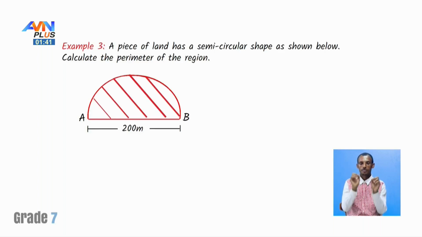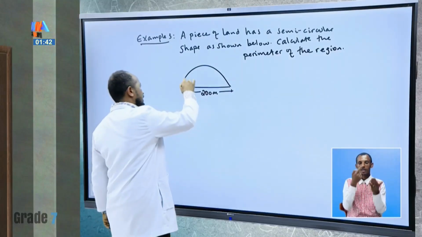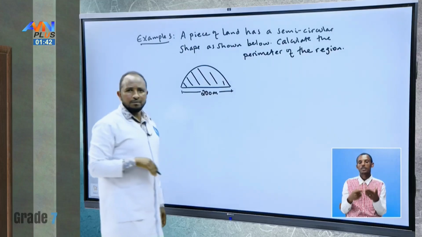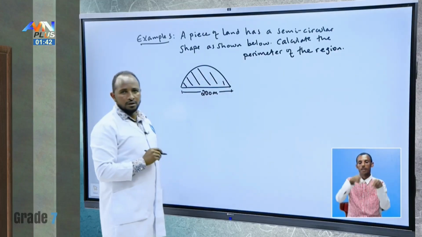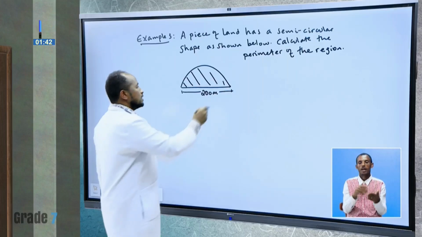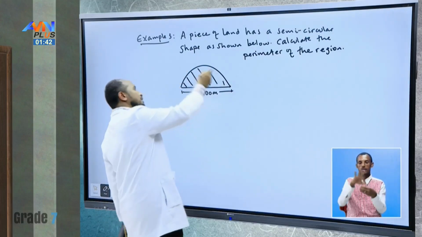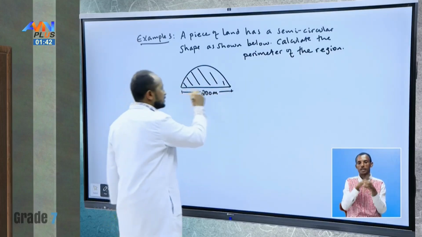Okay, let's see this question together. Here, we are asked to find the perimeter of this region. Perimeter means the total path length around the given region. Here, as you can see, you have a semicircle. It's half of a circumference. Again, you have this length.